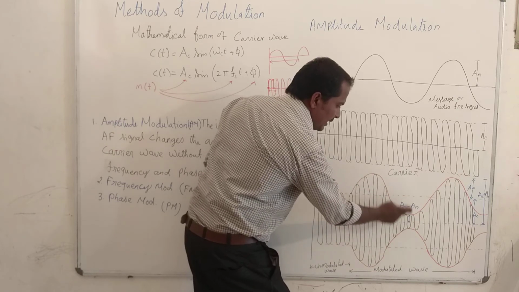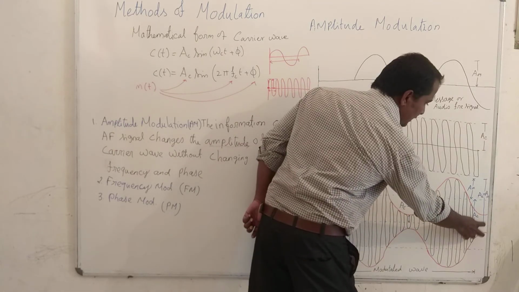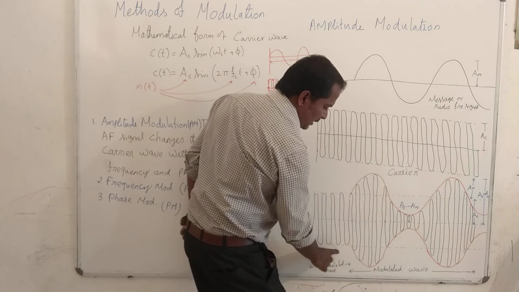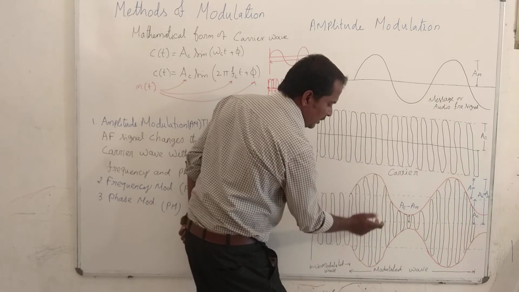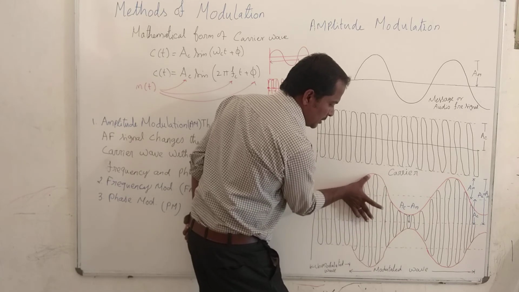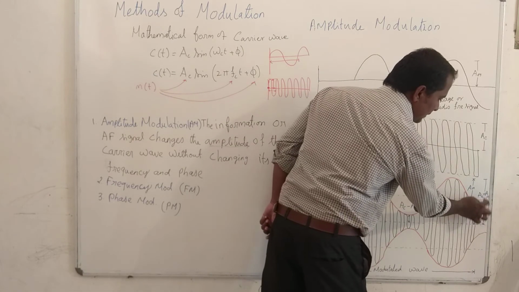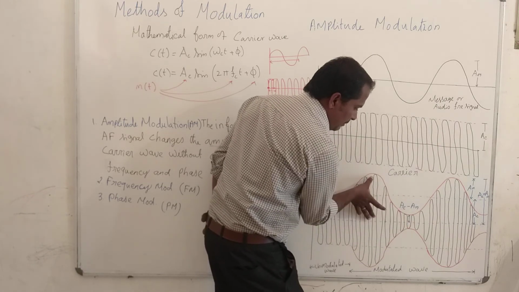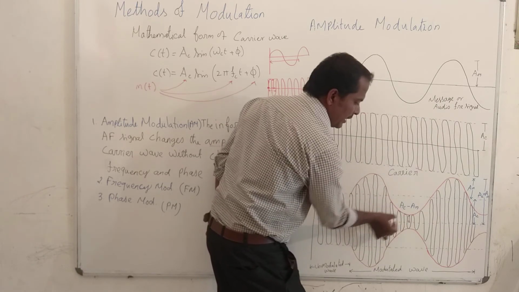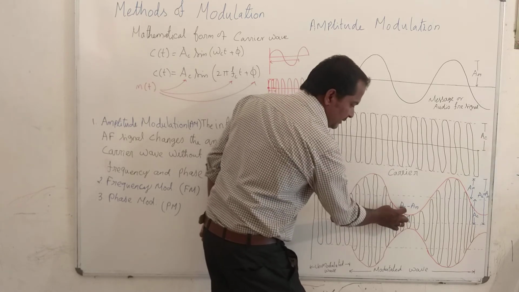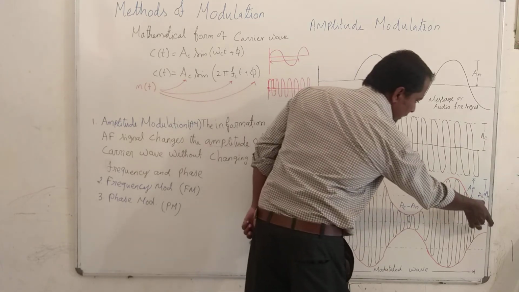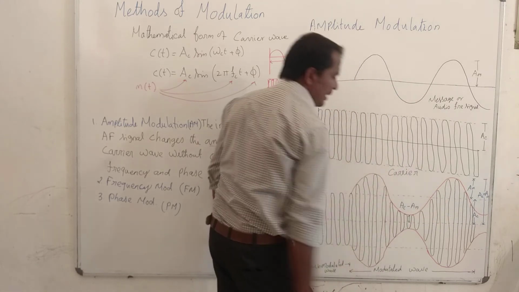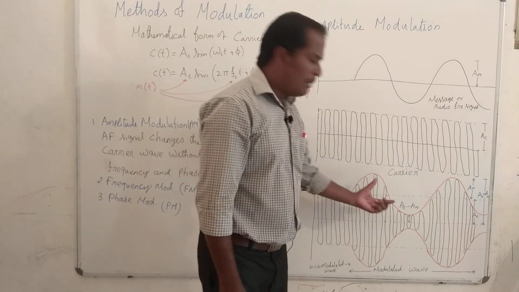So the maximum amplitude value of the modulated wave is AC plus AM. Then the minimum amplitude value of the modulated wave is AC minus AM.